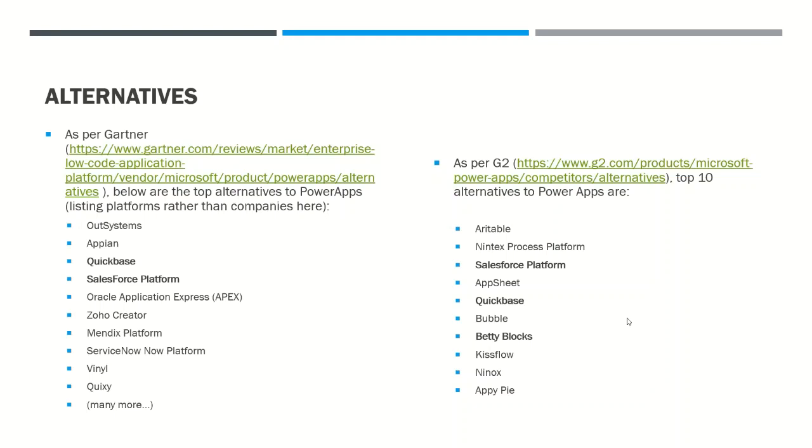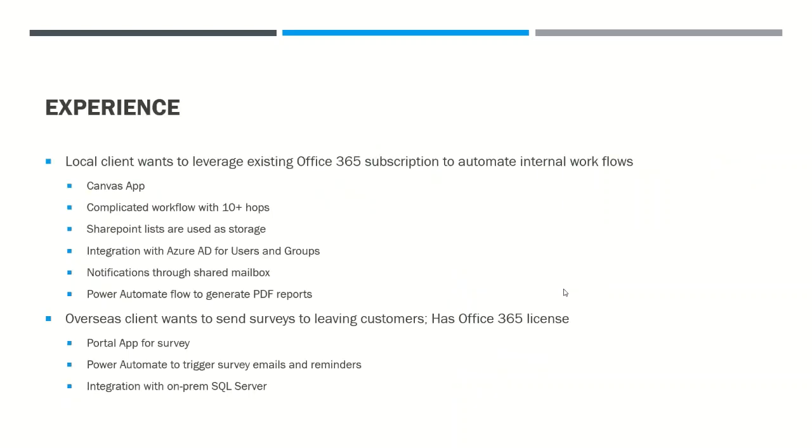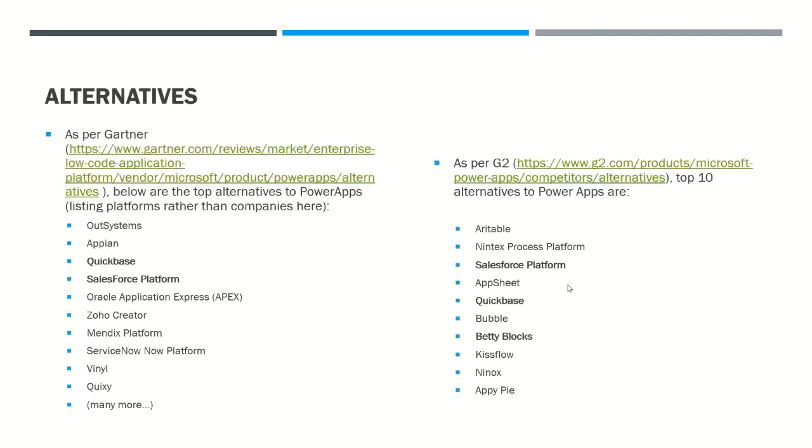Currently, for one of the workflows, we are looking at whether to use PowerApps or the Nintex process platform or KissFlow. What I'm trying to say is PowerApps is good, but you need to be pragmatic about what your requirement is. PowerApps has built-in capabilities for some basic workflows as well.